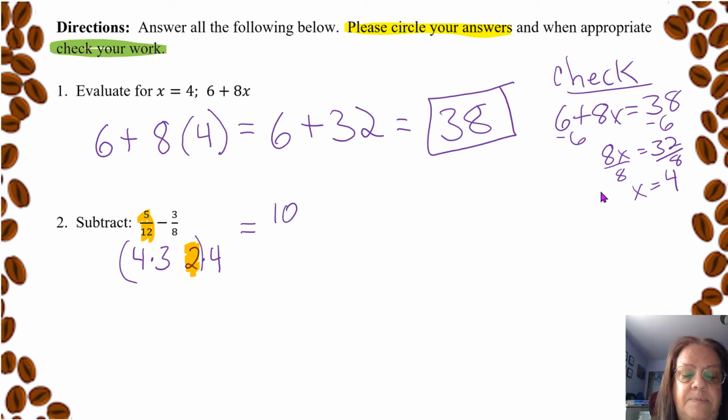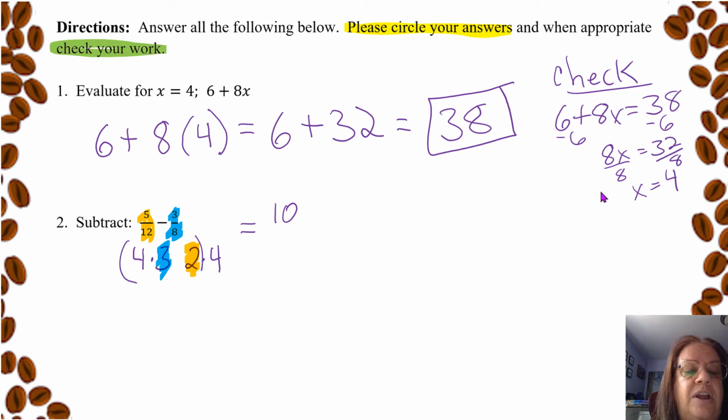And then my 3 over 8, 8 is 2 times 4, so my denominator on that one needs a 3. Okay, so this 3, I have to multiply this one by 3 over 3. All right, so I end up with, hang on.